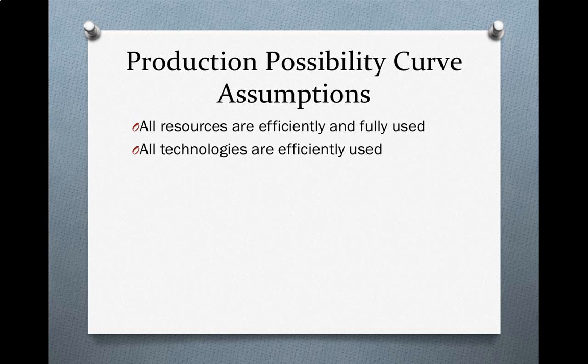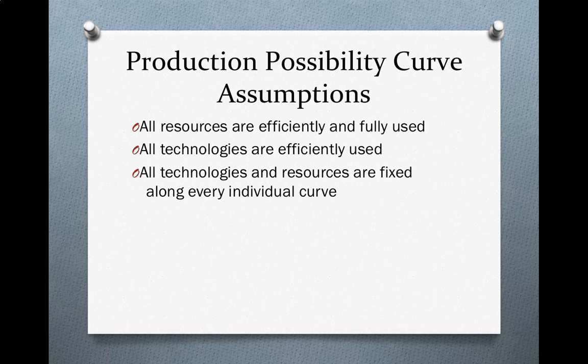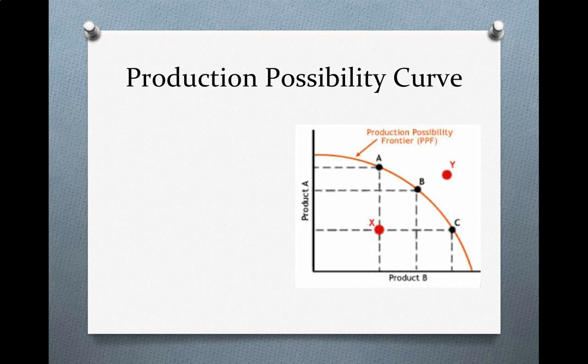Another assumption is that all technologies are efficiently used. So every bit of technology that we have available, we are going to be using it. And then the final assumption is that all of these resources and technologies are fixed. That when everyone's working and we're using all of the technology and all of our natural resources, we have nothing else available to us.